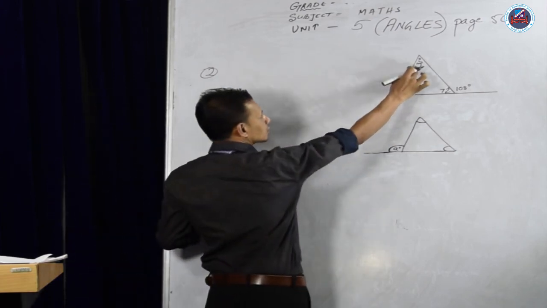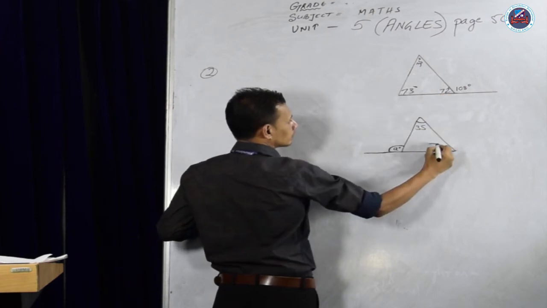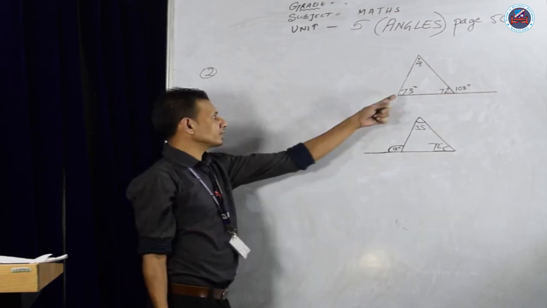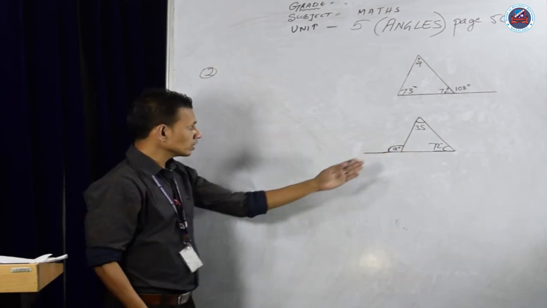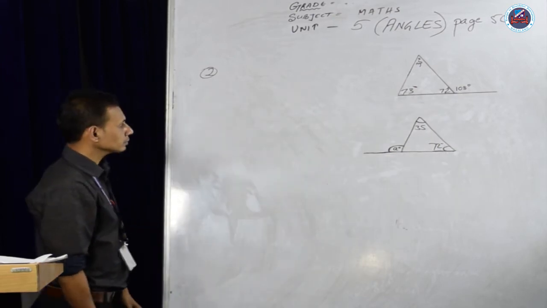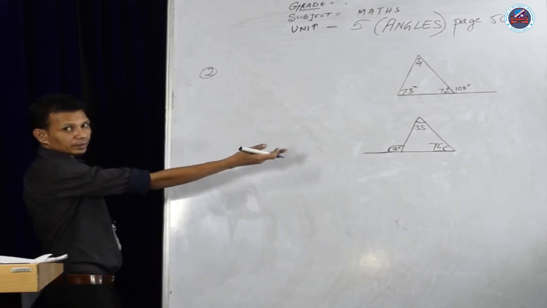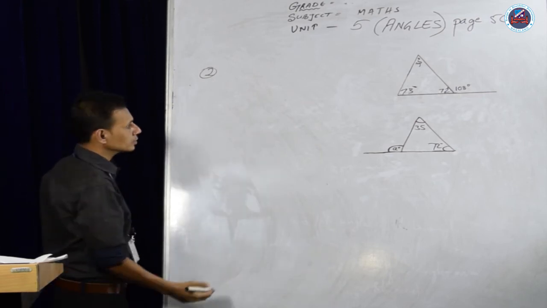And you know that this is 35. You agree? And you know this is 72. Nothing to do with 73 here, because it's not opposite. Opposite of A is 35 and 72. Okay? Now we use this diagram. You will get one other exterior angle. That's it.